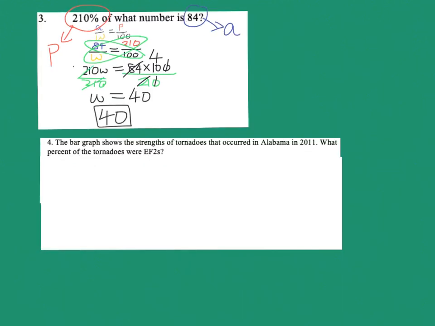Now for example 4, the bar graph shows the strengths of tornadoes that occurred in Alabama in 2011. What percent of the tornadoes were EF2s?